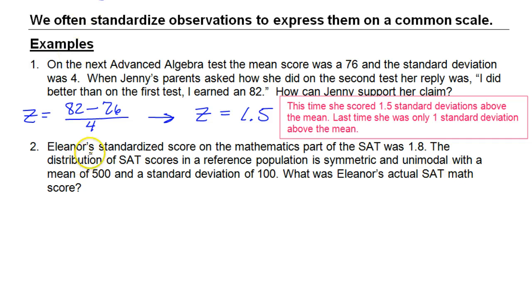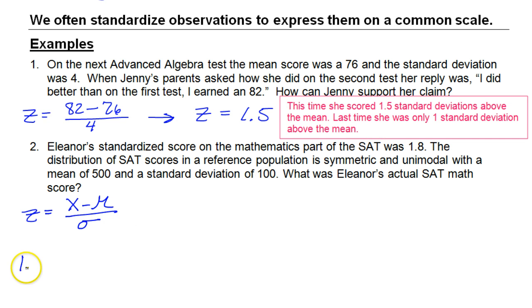Well, remember how the formula works. The formula for z-score is like this. The z-score is equal to the data value minus the mean divided by the standard deviation. So we're looking for x this time, and we're given everything else. We are given that the standardized score is 1.8.